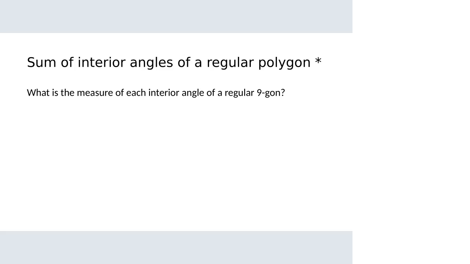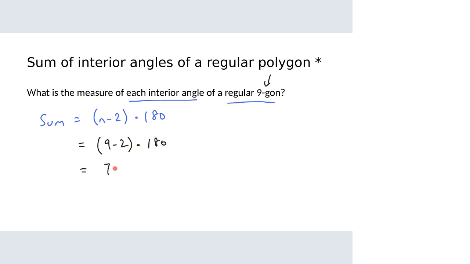But if I want to know the measure of each interior angle of a regular 9-gon, first thing I'll find is the sum of the interior angles, and I know that's going to be n minus 2 times 180. In this particular case, it's a 9-sided figure, so n is 9, so that's going to be 9 minus 2 times 180, or 7 times 180. When I multiply those together, I'll figure out what all the angles are added together.